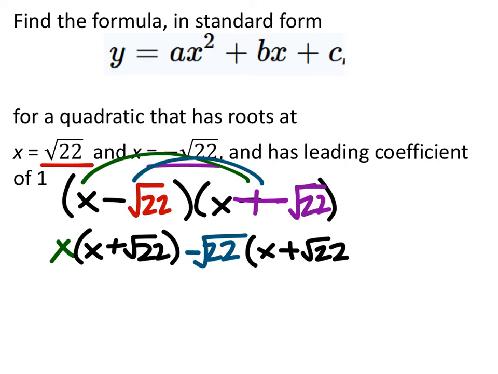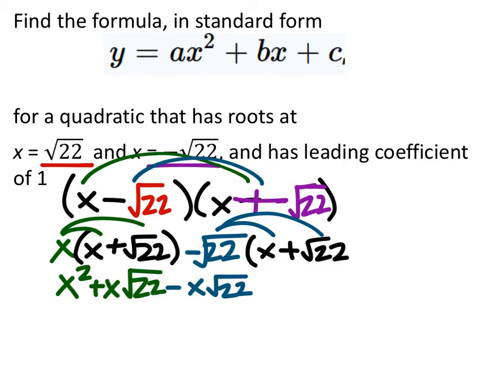All right, let's distribute those. So the x first, and then this negative square root of 22. And then at the end here, we've got a negative times a positive. So we know it's negative, but the square root of 22 times the square root of 22, just like that last problem, right? 22. And yeah, we got those two middle terms that are the opposites. So positive x root 22 is going to cancel out the negative x root 22.